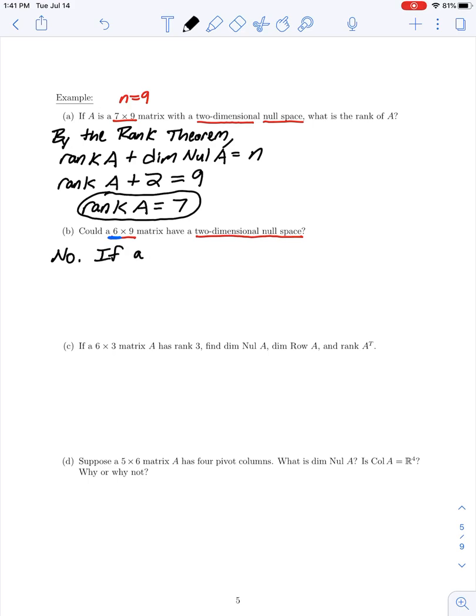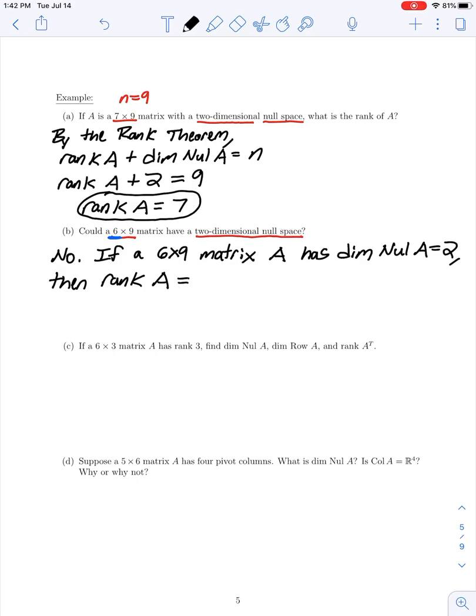If a 6x9 matrix, let's give our matrix a name, A, has nullity, or the dimension of the null space of A, equal to 2, then the rank of A has to equal 7 by the rank theorem.